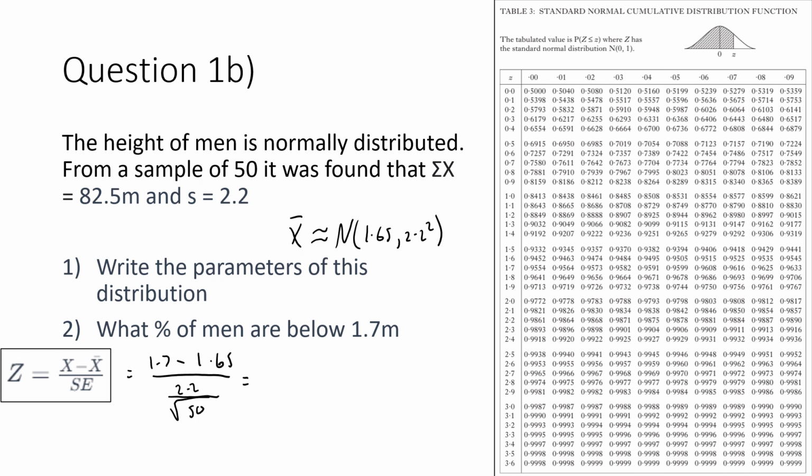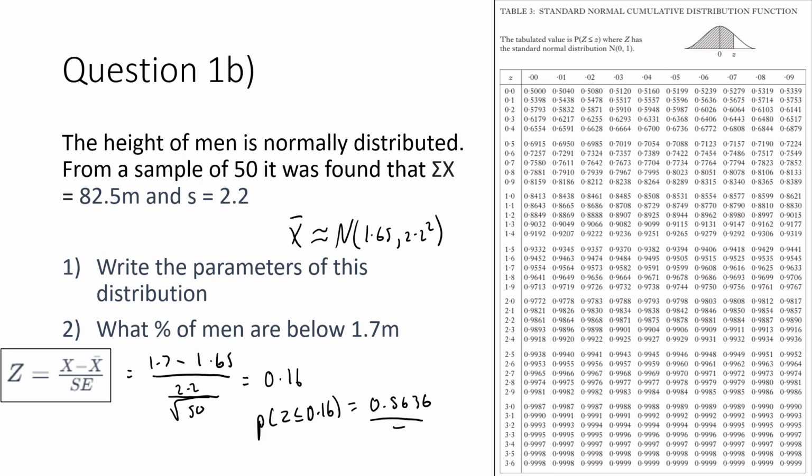And that gives us 0.16. And then we find the probability of z being less than or equal to 0.16. We look on our table, 0.16, so 0.5636. 0.5636, and that would be our answer.